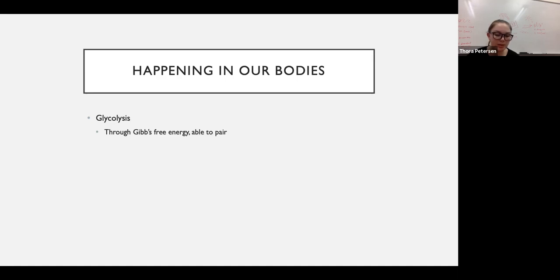Let me see the other one that I wanted to go over. What are the signs for delta S, delta H, and delta G when making ice cubes from the freezer? So this is a liquid going into a solid. So delta S is that disorder. It's going to be negative because the solid is formed from liquid, which has a lot less entropy in it.